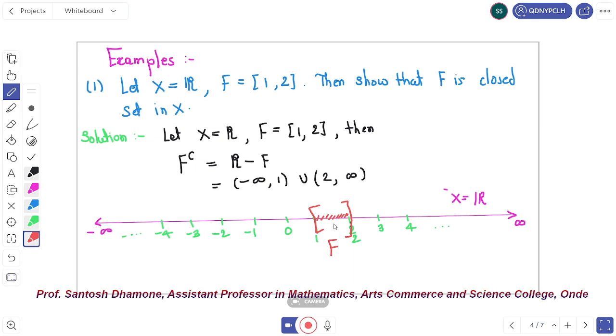Therefore, F complement is equal to the union of the open interval minus infinity to 1 with the open interval 2 to infinity. This is our F complement.